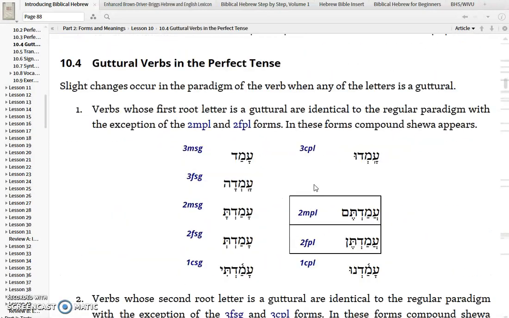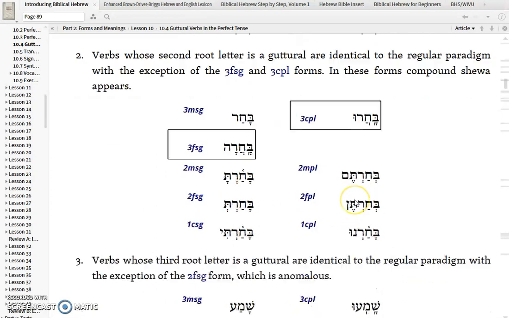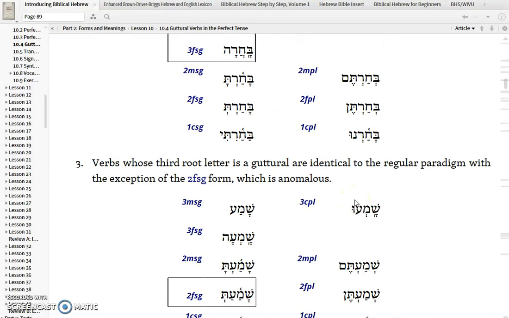Well, when you try to do that to a guttural, the guttural complains. It says, I can't live with just a shewa. And so you make a little compromise, half shewa, half patah, hataf patah, and that's how you resolve that particular issue.